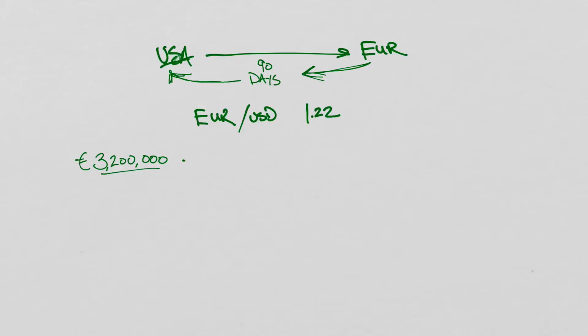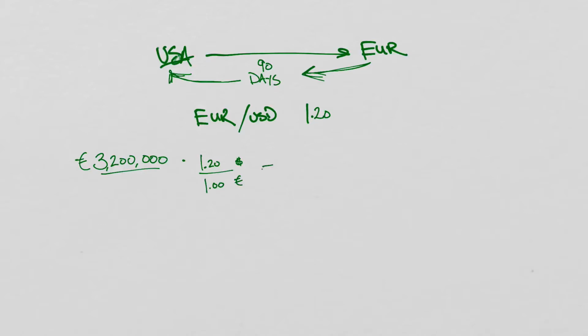But after 90 days, the exchange rate, instead, the US dollar got stronger. That is, $1.20 buys 1 euro. 1 euro buys $1.20. So the euro buys now fewer dollars, and another way to say that is the dollar got stronger.